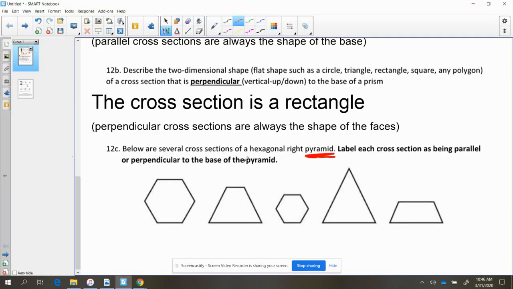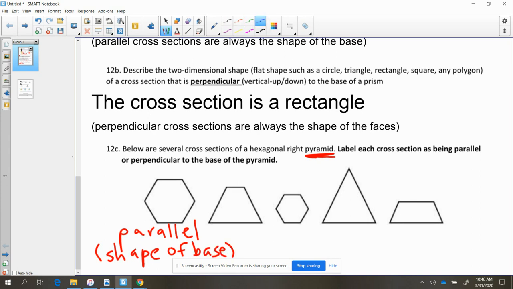So if we go back here and start talking about these, notice this first one is created when we were parallel to the base. It's the shape of our base. It was a hexagon, so shape of the base.